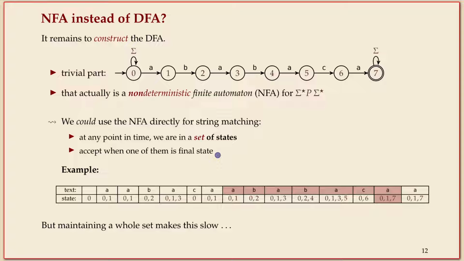We always start in state 0, so initially there's no ambiguity. If you read an A, well, let's look at what the automaton says. I could stay here because A is part of the alphabet, or I could move to 1. So after reading the A, I'm simultaneously in 0 and 1. Pick what you want. I'm not sure yet.